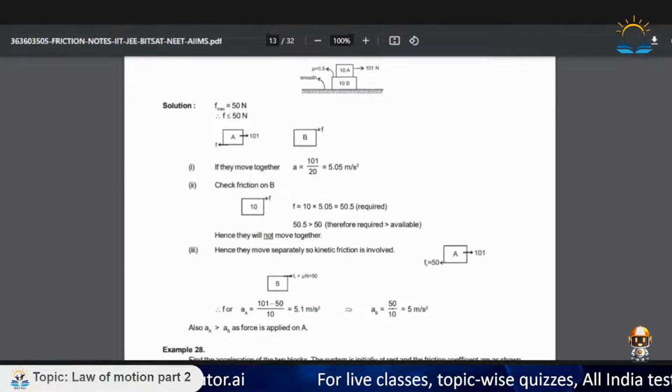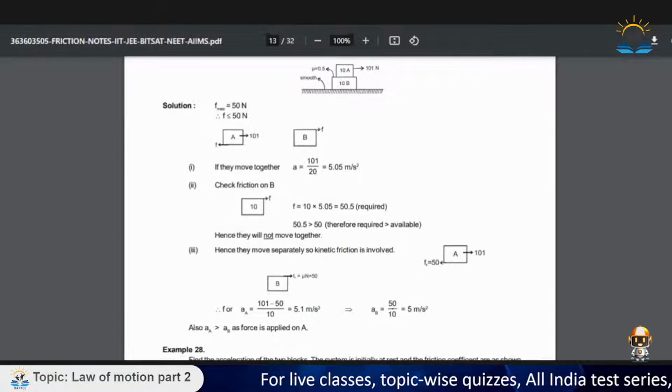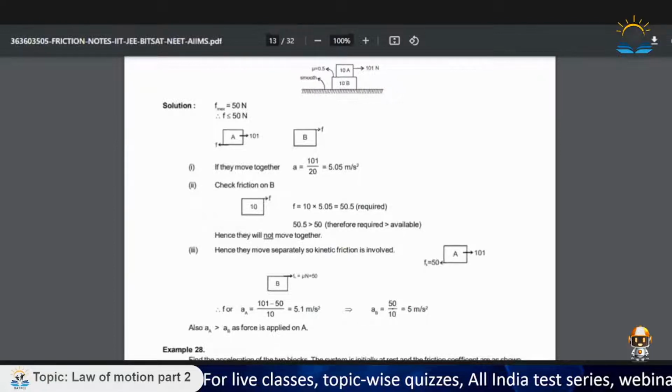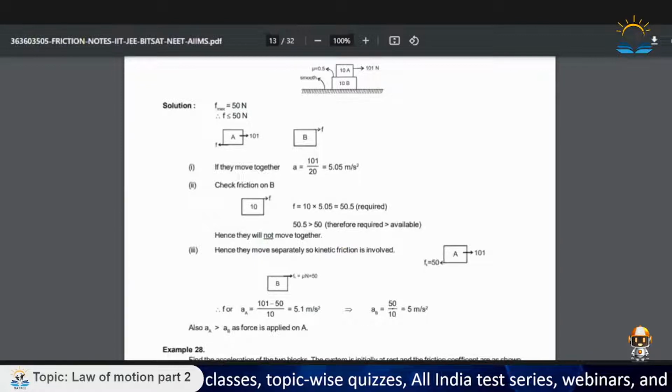Since force is applied on this A block, this A block would be moving forward. B will also be moving forward. But let us see how frictional force would be acting.